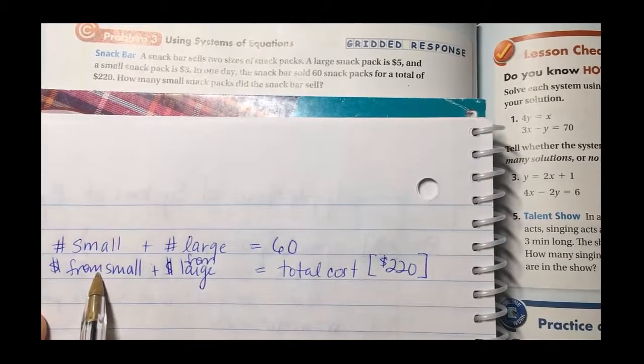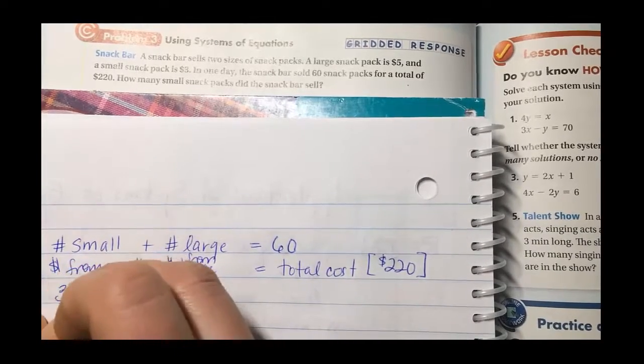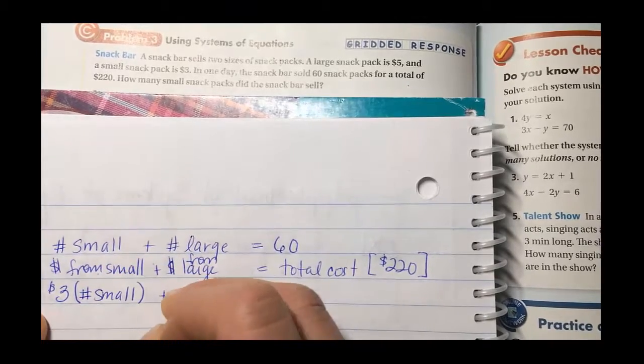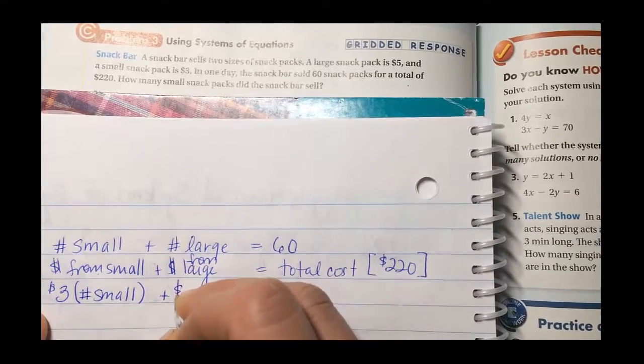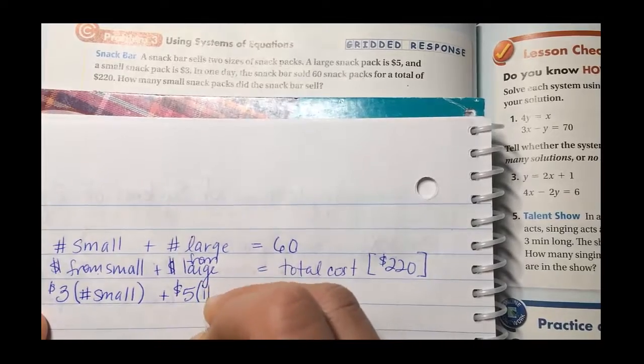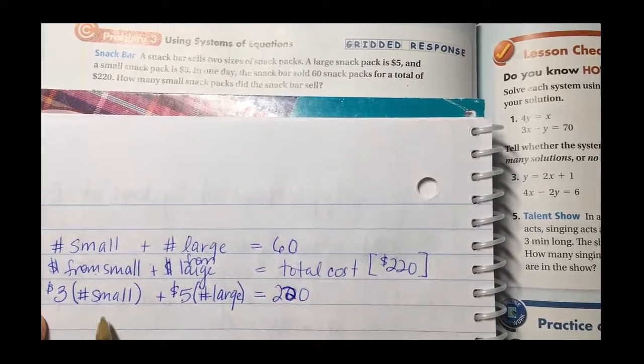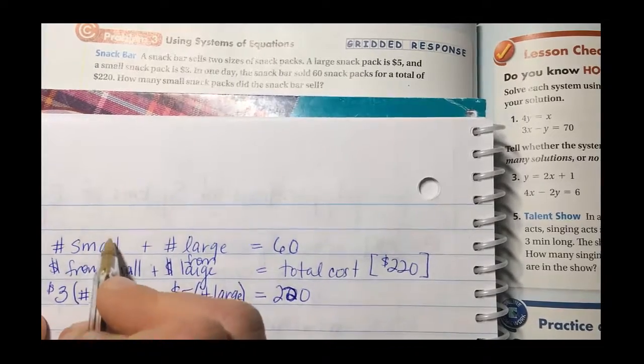How much are we going to make from the smalls? Well, they sell for $3 each, so it's going to be $3 times the number of smalls. And the large, then, we're going to take in $5 times the number of large.